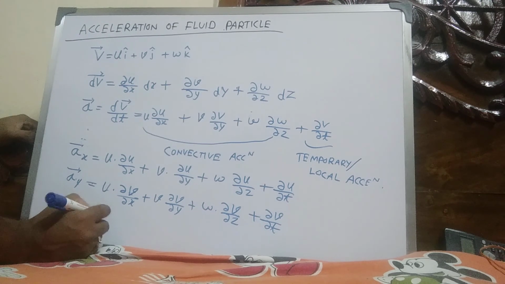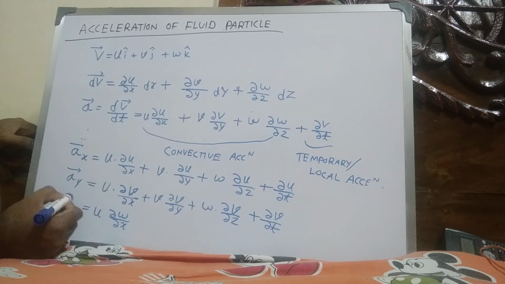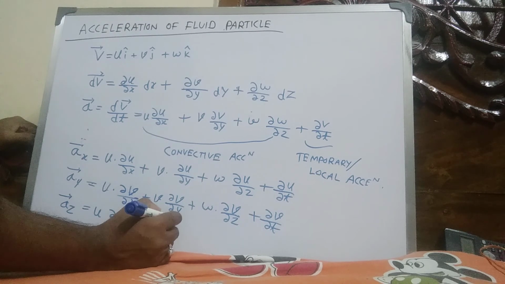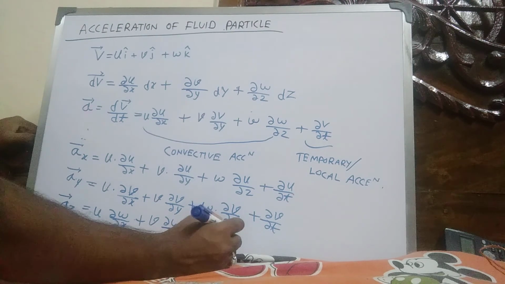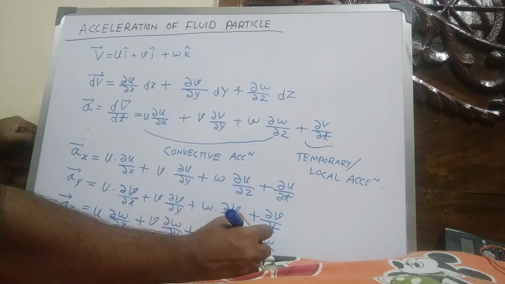And in the same way, the z direction: u dw by dx plus v dw by dy plus w dw by dz plus dw by dt.